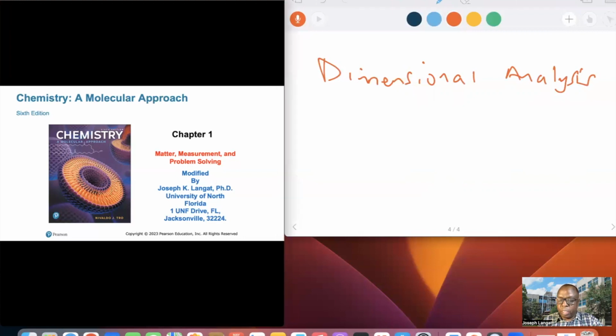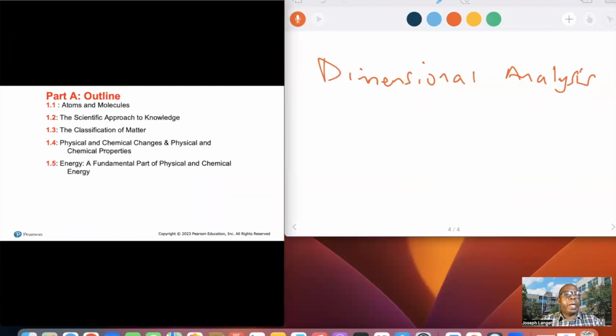Let's see what I have in part A. This is the roadmap for part A. We will look at atoms and molecules in section 1.1, the scientific method in 1.2, the way scientists conduct or do science. Classification of matter in 1.3, that is classifying matter as solid, liquid, or gas, and also breaking down to mixtures, homogeneous, heterogeneous, and so forth.